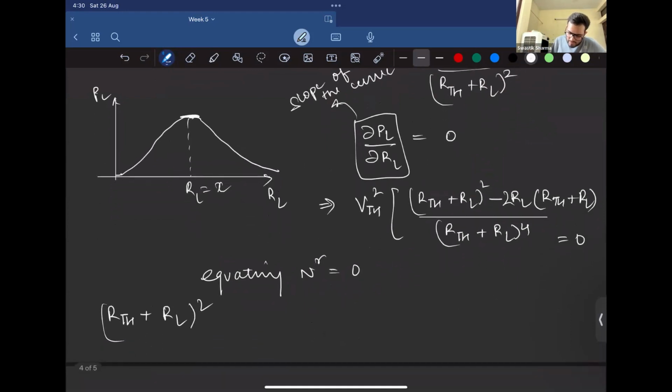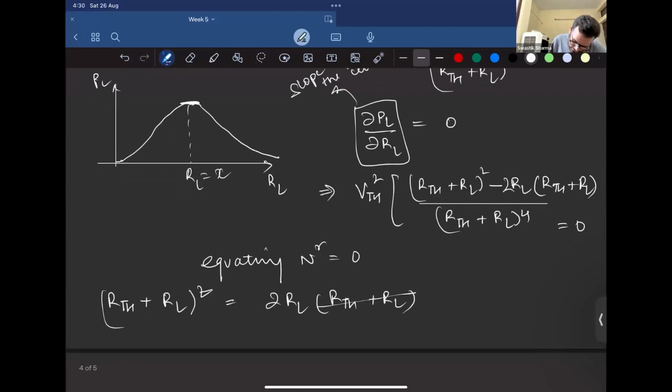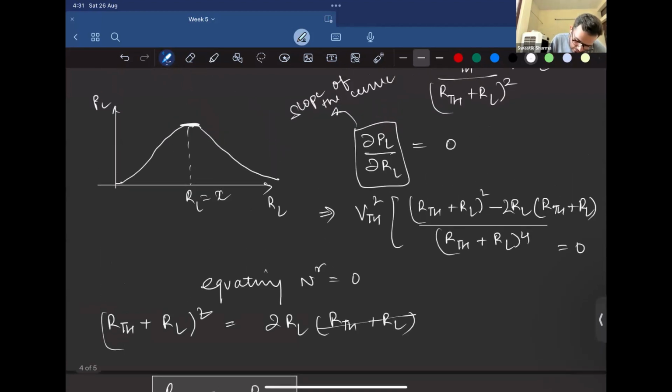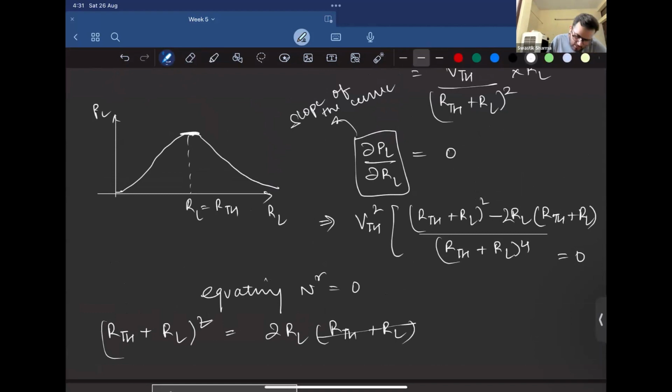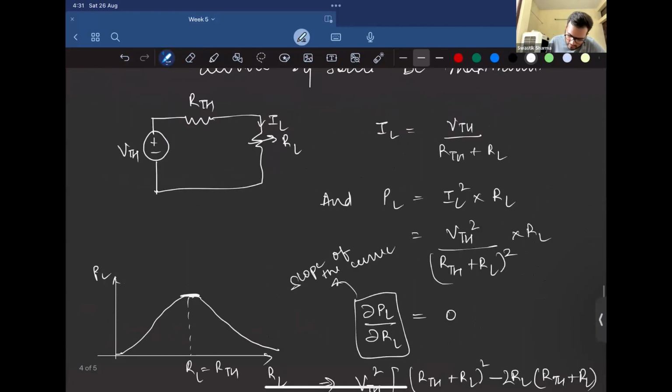So we now equate the numerator to 0, which is RTH plus RL minus 2RL equals 0. RTH is therefore equal to RL. So that means at RL equal to RTH, the power being transferred from this Thevenin voltage to this load is maximum, right?